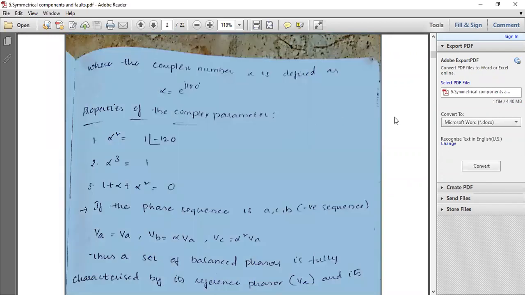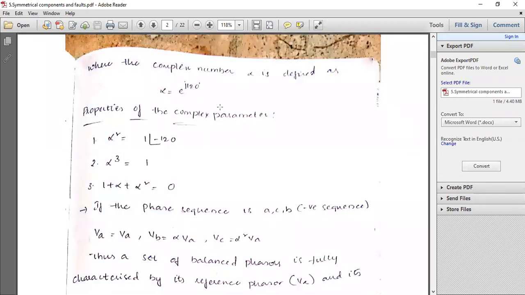So what are the important properties here? Now you see here, alpha square is equal to 1 at an angle 120. Yesterday I solved this one also. And later, alpha cube is equal to 1, and 1 plus alpha plus alpha square is equal to 0.